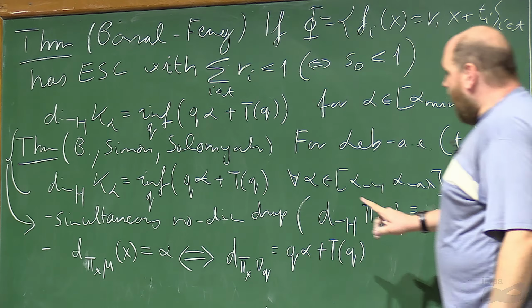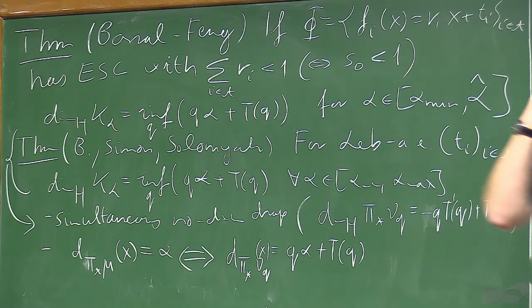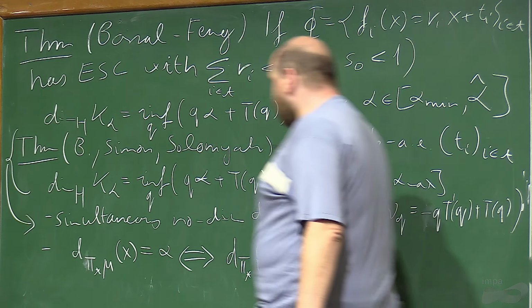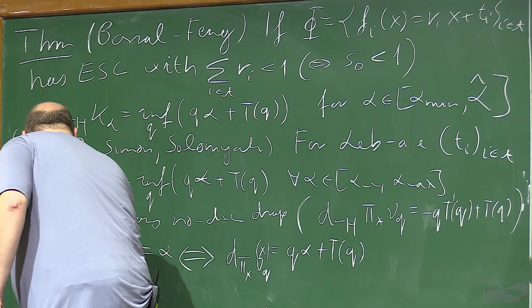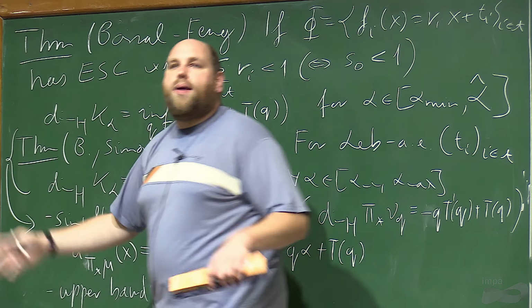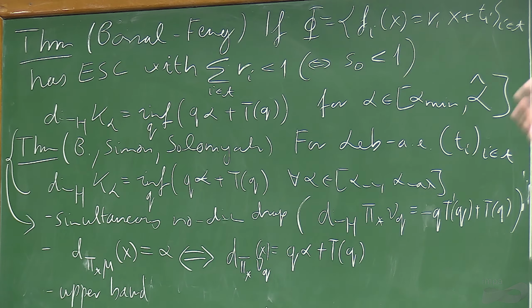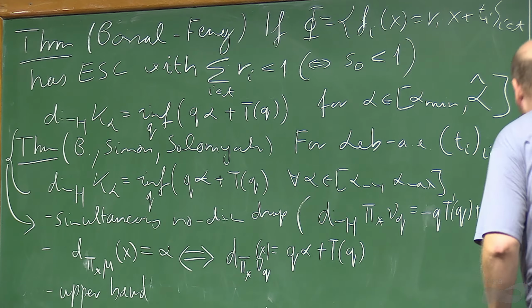But I would like to also understand that the local dimensions behave as they should. And then the third step will be an upper bound, but usually the upper bound just uses the Lipschitz property and covering the set. So that's the easy part.